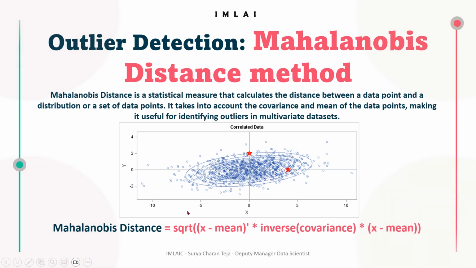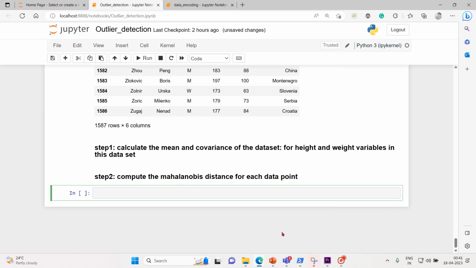So that's the Mahalanobis distance. You will have a square root. Inside the square root, the first one is x minus mean multiplied by inverse of covariance, and the whole section would be multiplied with the x minus mean. Okay, this is our Mahalanobis distance formula. So this is how we calculate. In that, x is the data point, mean is the mean of the data set, and covariance, we know, is the covariance matrix.